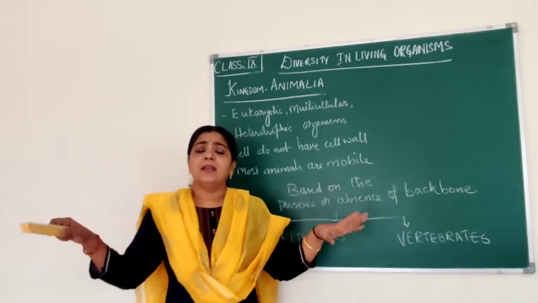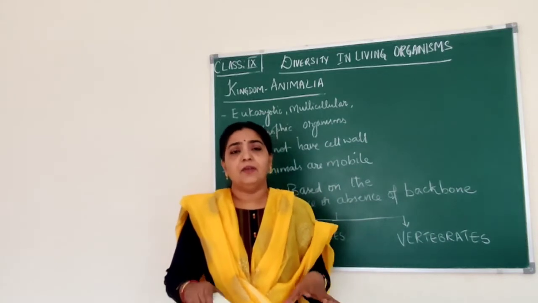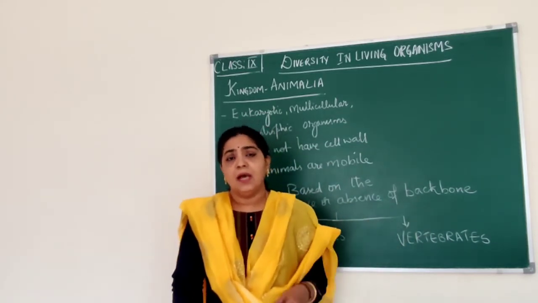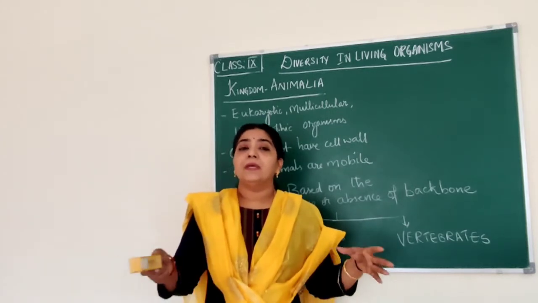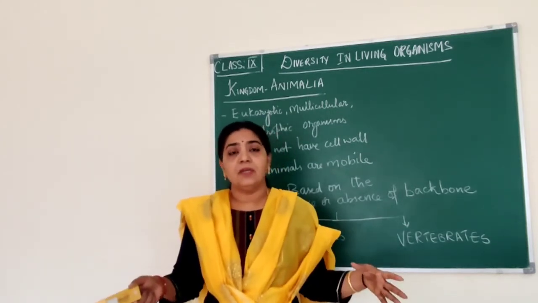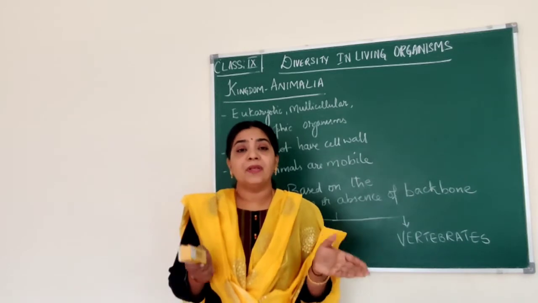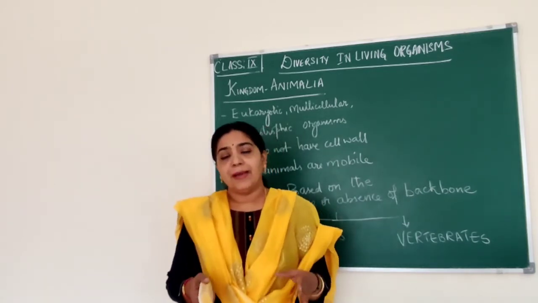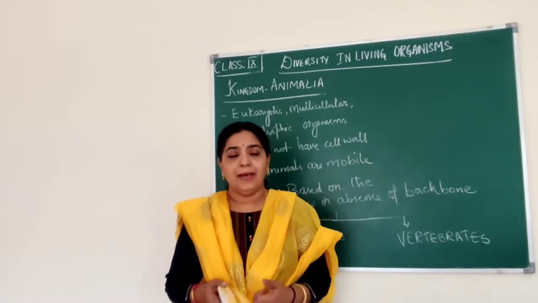Then how are these animals classified into two main groups? Whatever animals we put in the kingdom Animalia are basically differentiated based on the presence or absence of a backbone. Okay, we know the backbone, right? We all have a backbone.